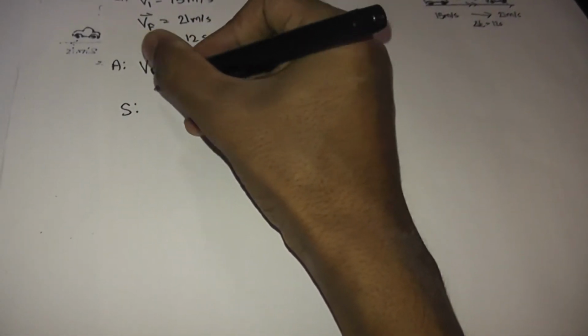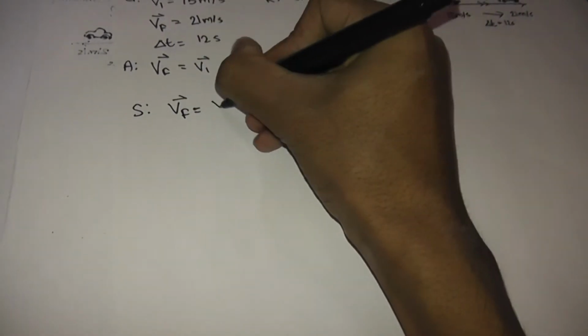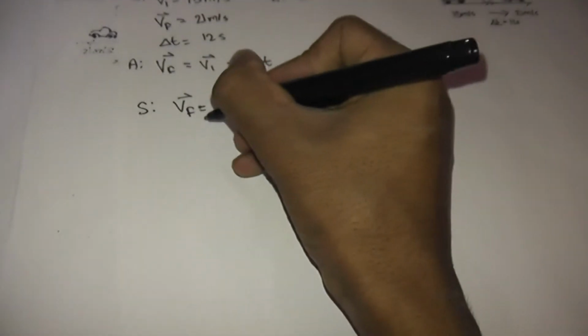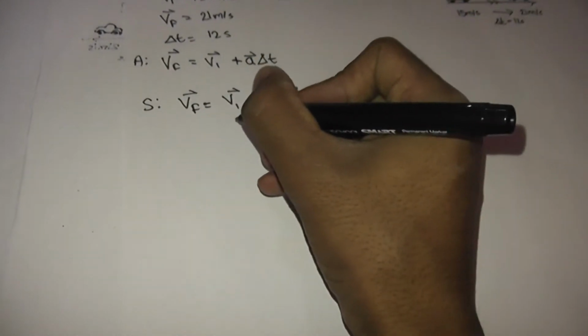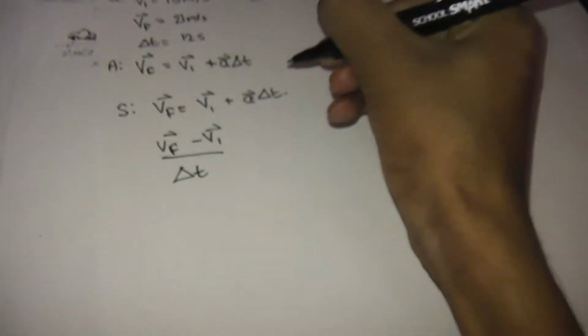So I'm going to rewrite the equation again. VF equals VI plus acceleration times delta t. So let's first rearrange the equation. So VF minus VI over delta t will give us the acceleration.